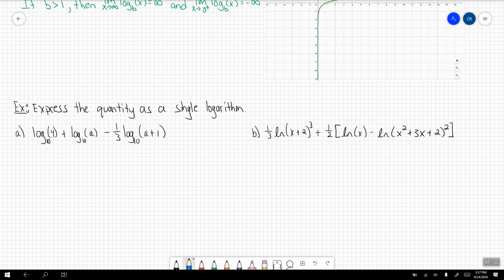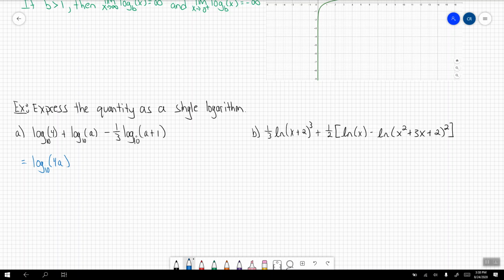So logarithm base 10 of 4 is going to stay the same. Logarithm base 10 of a is going to stay the same. However, working from left to right, these two logarithms have the same base, which means I will have logarithm base 10 of 4 times a.